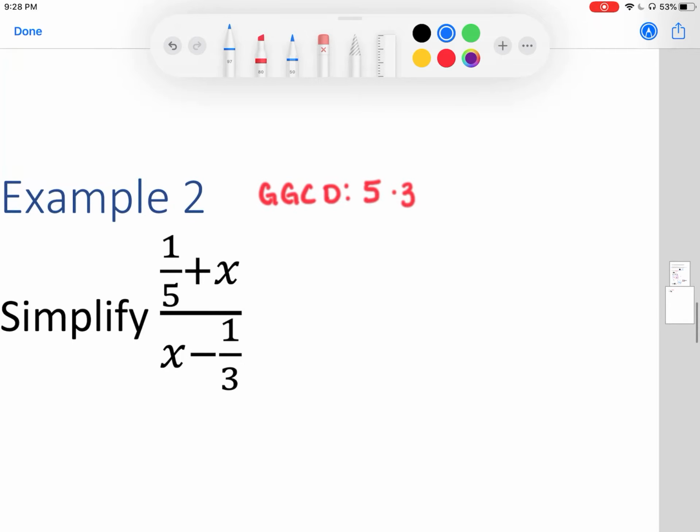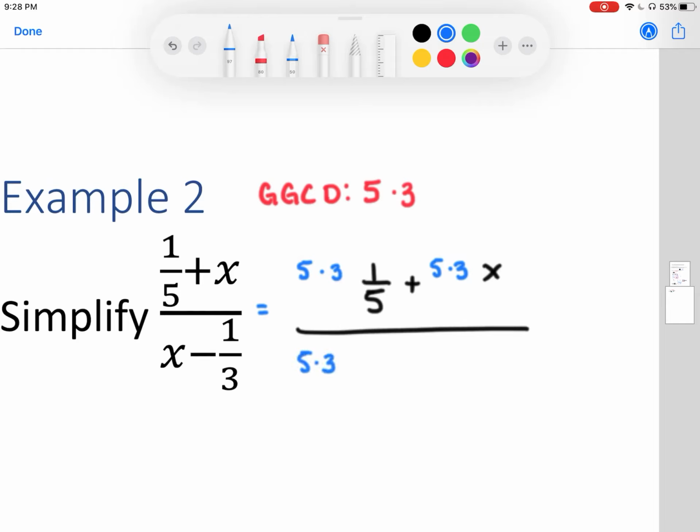Okay, let's do this. So that we have 5 times 3 times 1 over 5 plus 5 times 3 times x, divided by 5 times 3 times x minus 5 times 3 divided by 1 over 3.